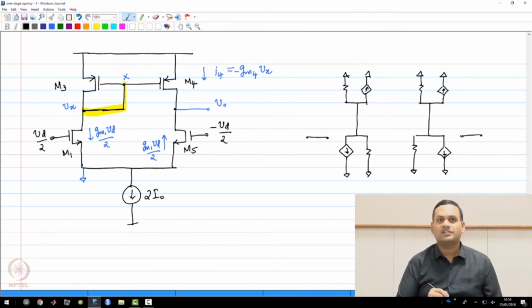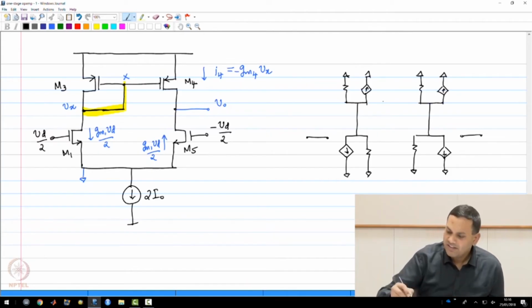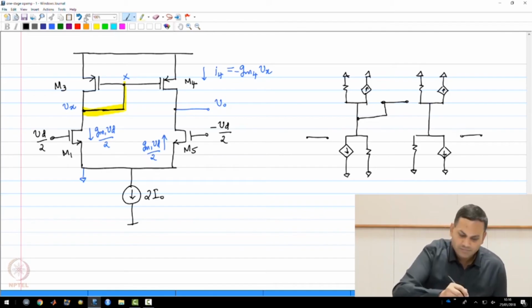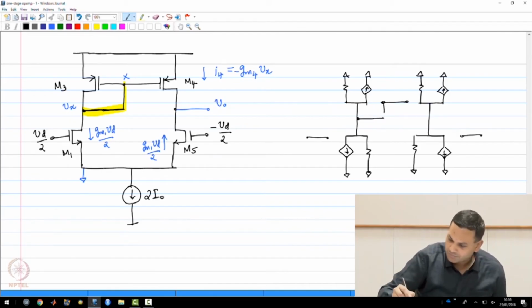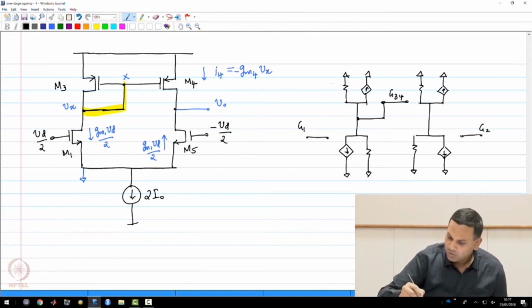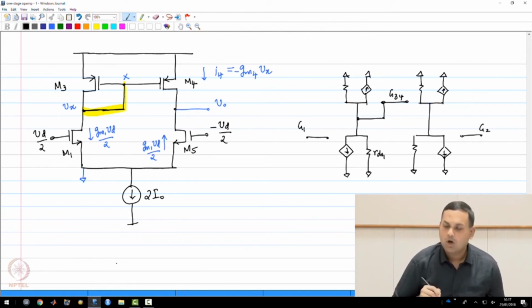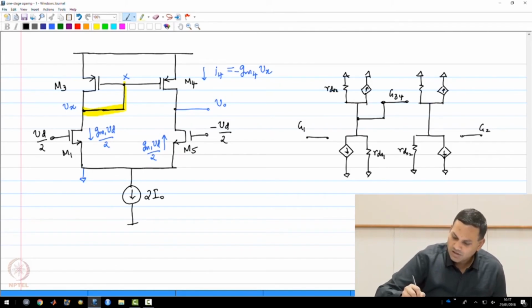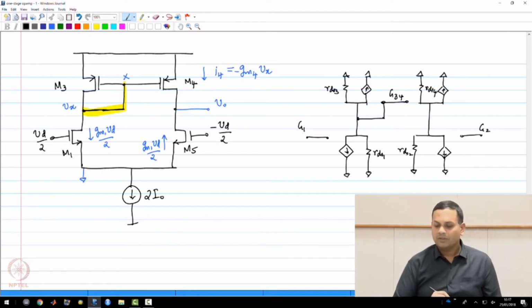This is the small signal equivalent circuit for the 4 transistors, with the additional condition that the common gate terminal of M3 and M4 is shorted to this drain. Okay, so this is G34, this is G1, and this is G2. And now these are the output resistances: RDS1, RDS2, RDS3 and RDS4.